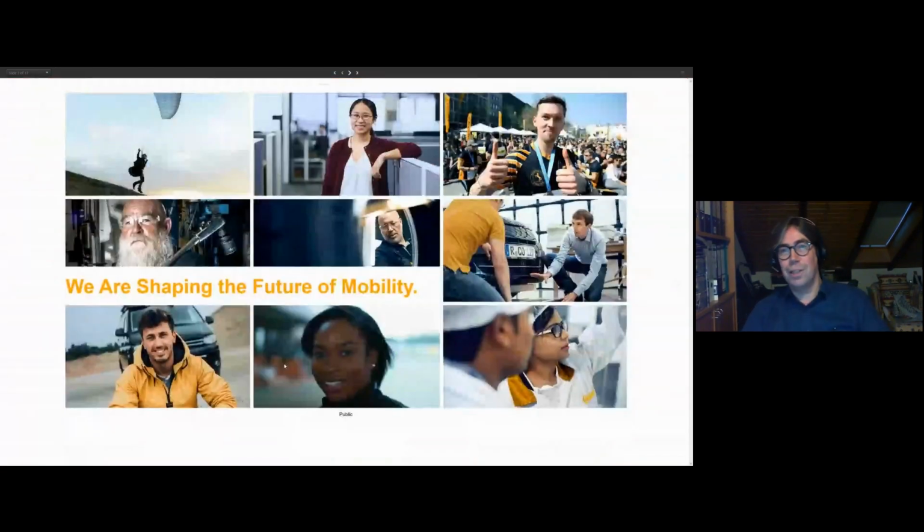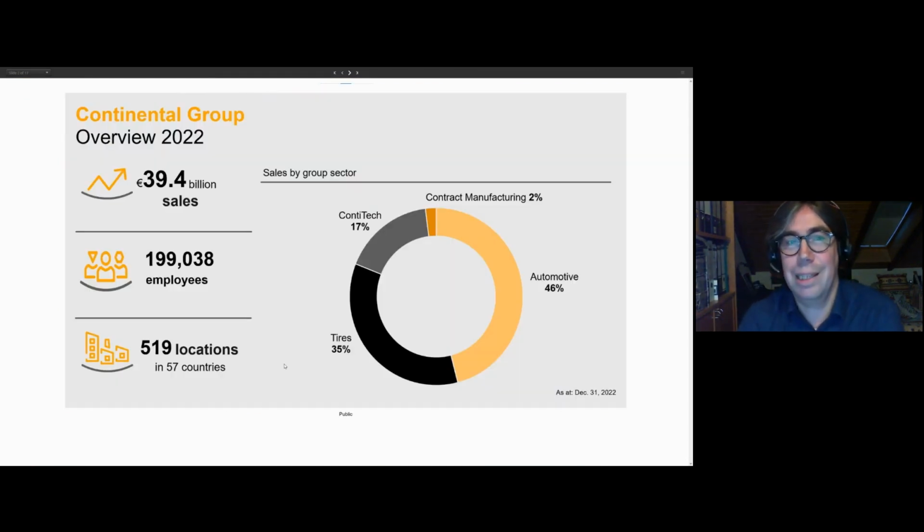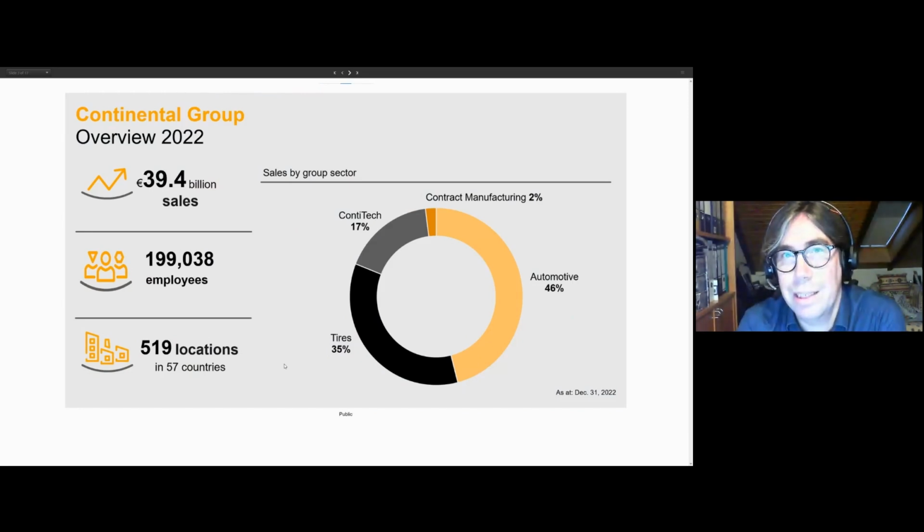I work for Continental, the global automotive supplier, a large and colorful company with all these friendly people and with these basic figures. Last year we had just under 40 billion euro sales, just under 200,000 employees all over the world.